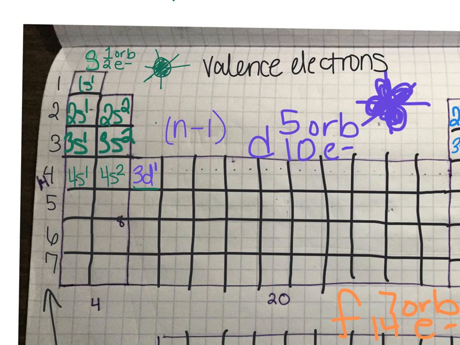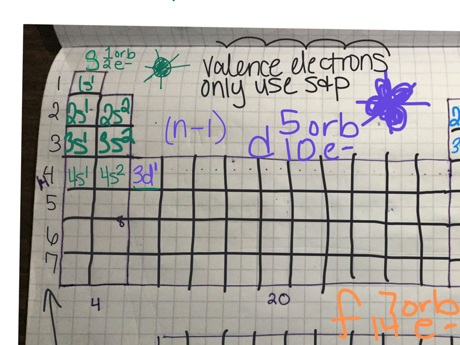3D just jumped back a layer. Do you guys see that? So because of what Jenny was saying over there, she said valence electrons only use S and P. And that's going to be why we're going to be jumping back a level.